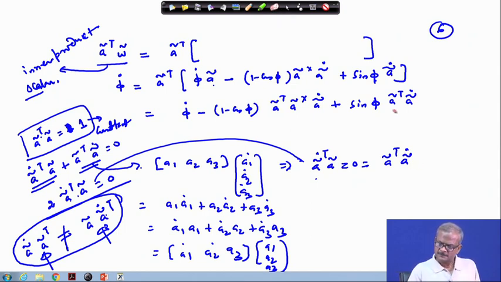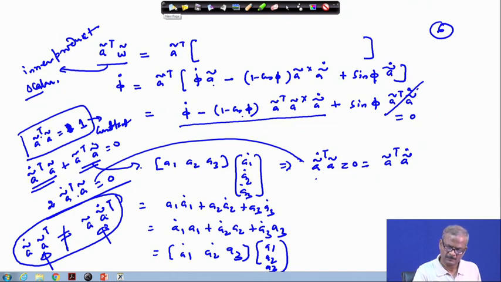So, this simple conclusion can be used here. This quantity gets reduced to 0, and we just have to look into this quantity, which is phi dot minus phi dot times 1 minus cos phi, and this quantity again we have to resolve.